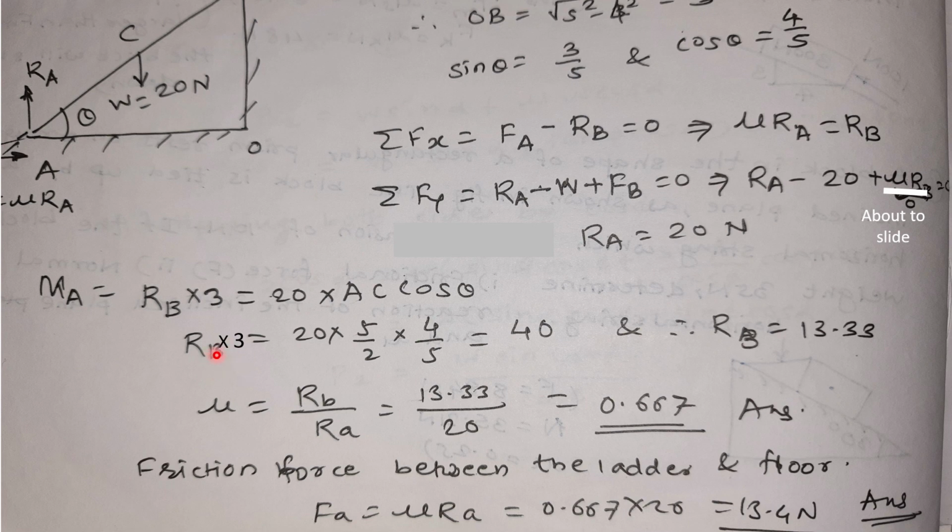Rb into 3, that is the perpendicular distance, is equal to 20 AC cos theta. What does it mean?